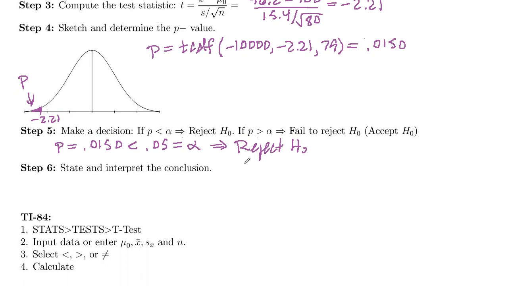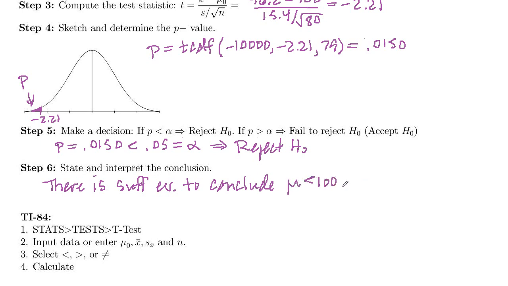So what does it mean to reject H0? That means that there is sufficient evidence to conclude that HA is true, and that was mean less than 100. So to conclude mean less than 100. So in other words, the drug works. It's doing what it's supposed to do.